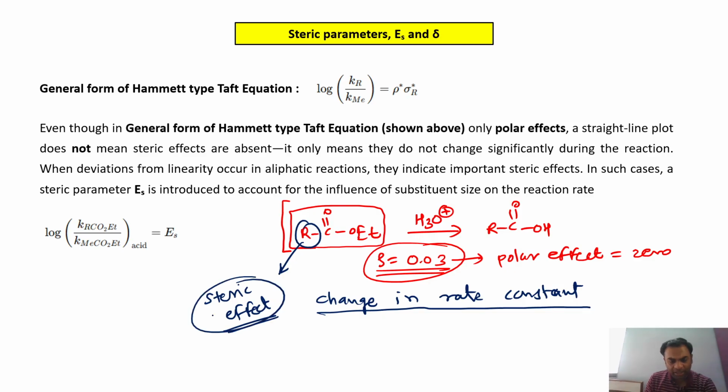By measuring the rate constant for the various aliphatic esters and comparing it with methyl acetate, which is considered as a standard, we can find out the value of the steric parameter.